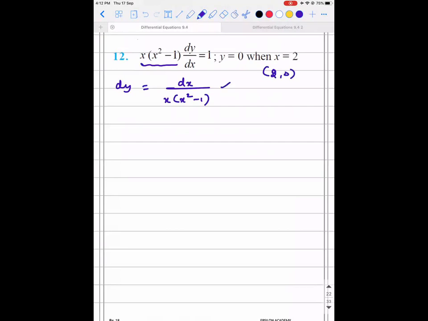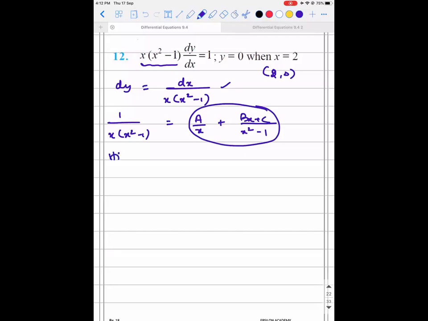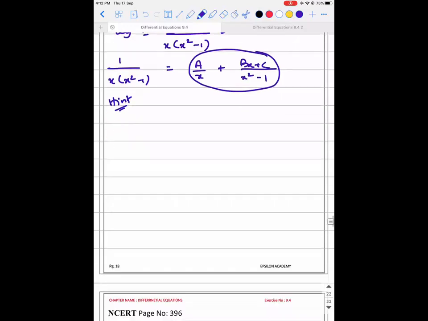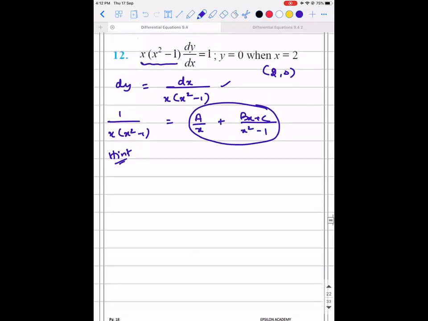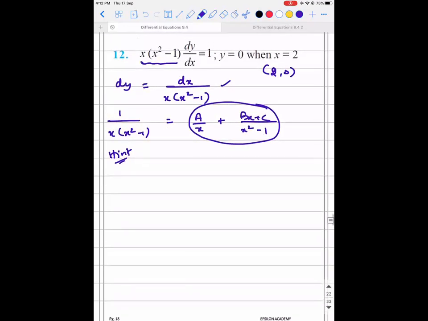So what will be the partial fractions? 1 divided by x into x square minus 1 will be equal to a divided by x plus bx plus c divided by x square minus 1. Okay, find A, B, C and then solve it. So this is the hint.